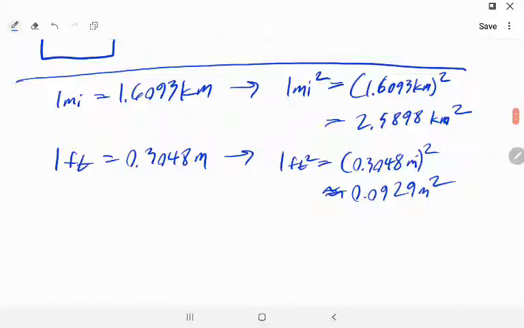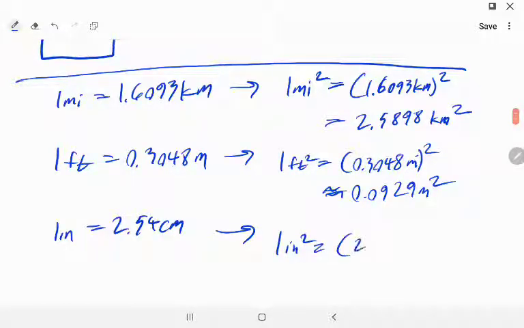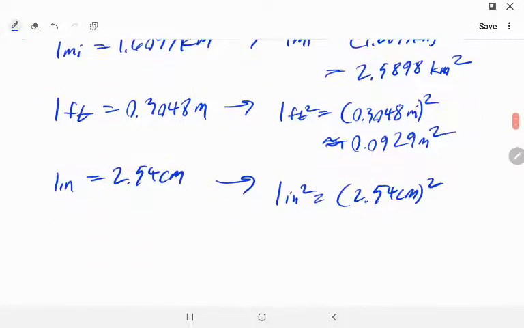And then 1 inch is equal to 2.54 centimeters, so 1 square inch is 2.54 centimeters quantity squared. That might be exact, that's going to give us exactly 6.4516 square centimeters.